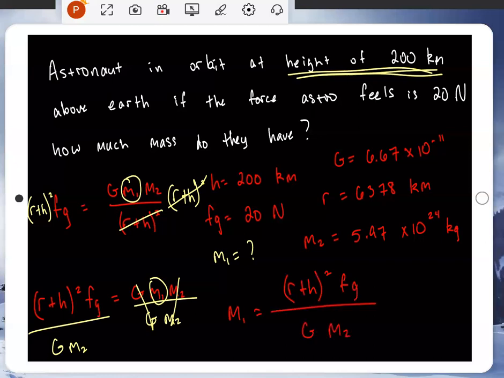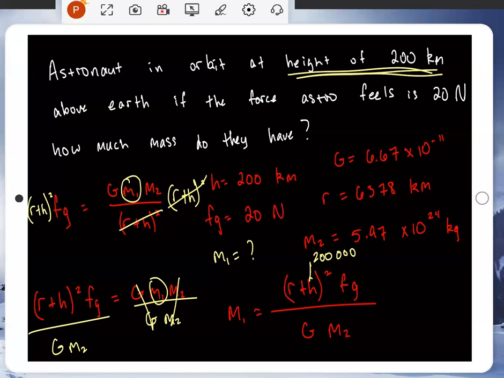So almost, we have to make sure that our units are in the right thing, right? What would you put here for R? Or let's make it easier, 200, but wrong, right? This has to be in meters. Times 10 to the third is kilometers, right?